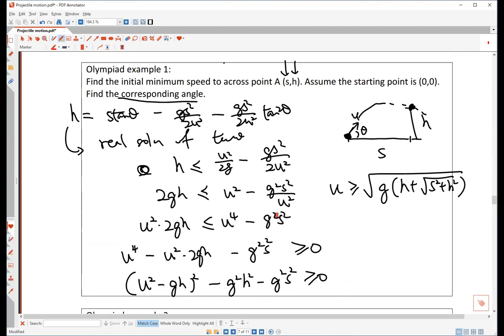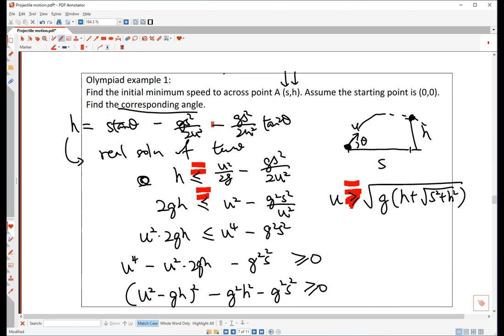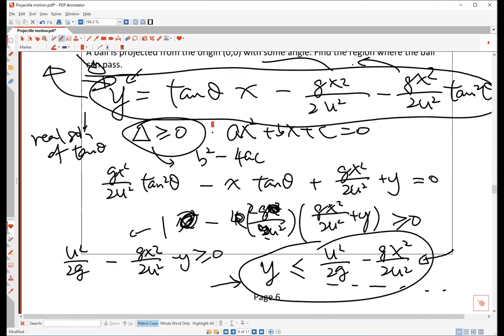So when you say this is minimum, that means you're using the equal sign here, everything is an equal sign. It's not an inequality. So this is an equal sign, and then the discriminant should also be equal. That means when the discriminant equals 0, then the speed is minimum.